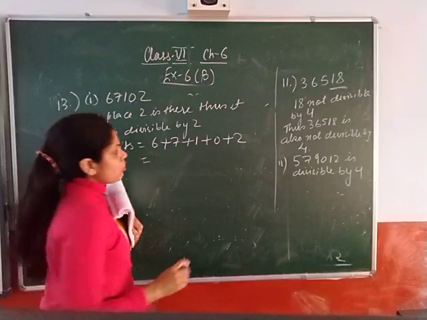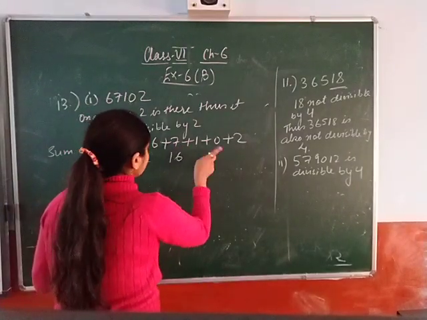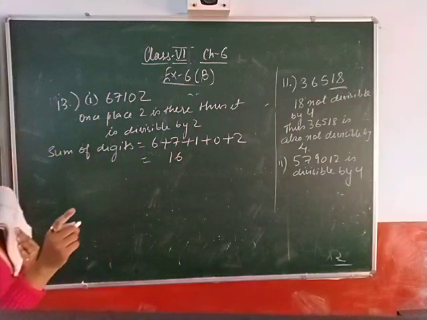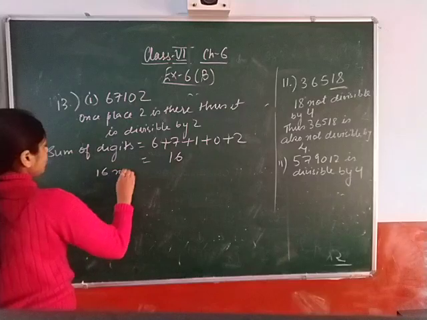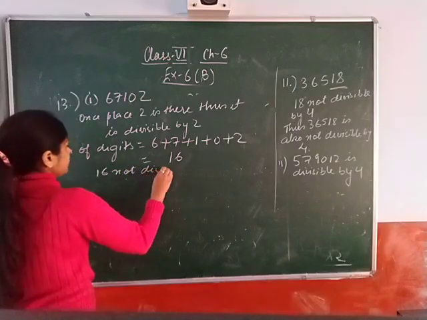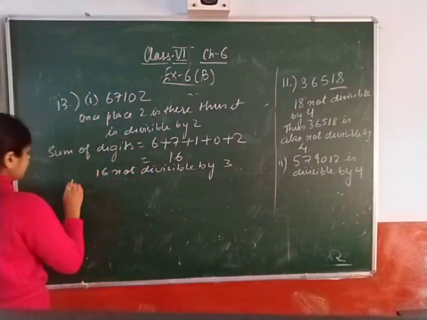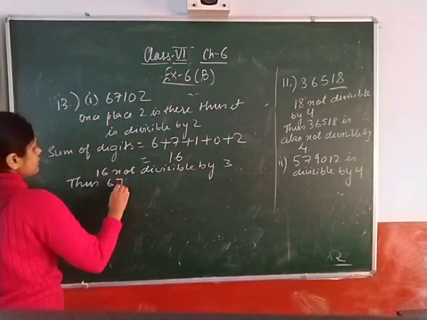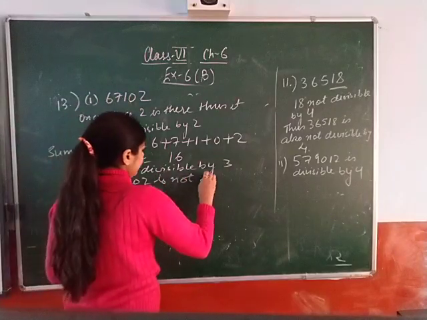So what will come? 14, 16. Is 16 divisible by 3? No. That means 16 is not divisible by 3. Thus 6, 7, 1, 0, 2 is not divisible by 6.